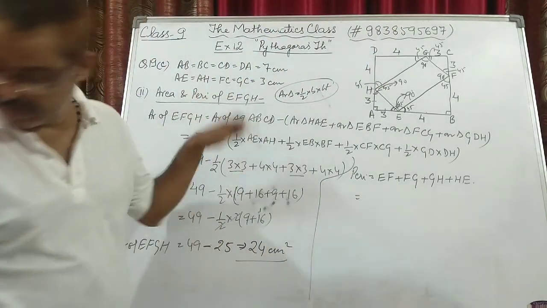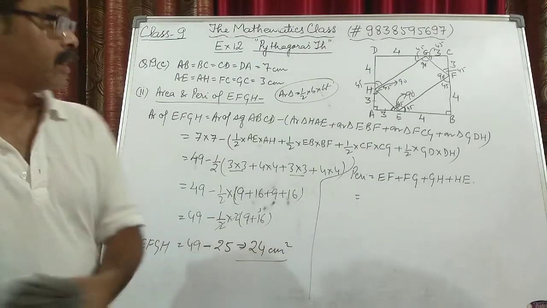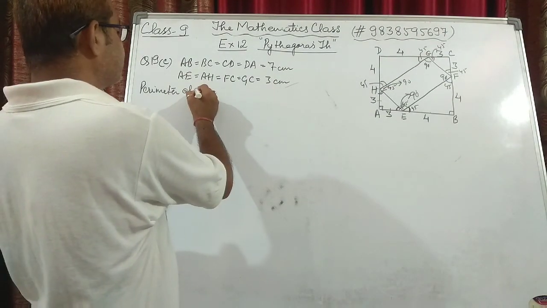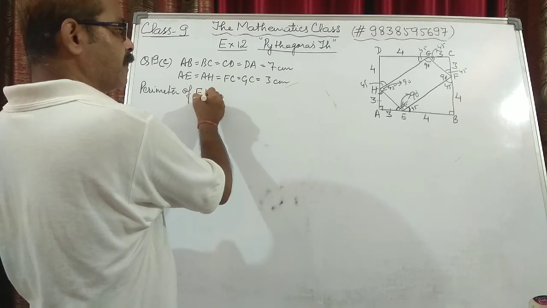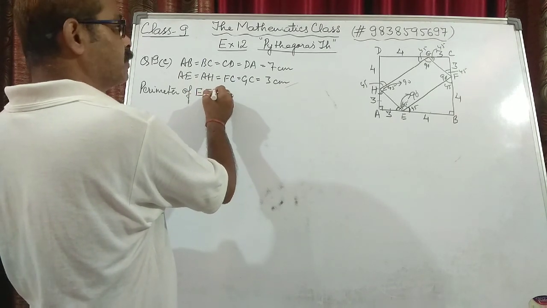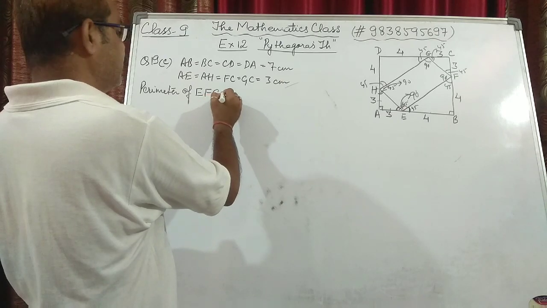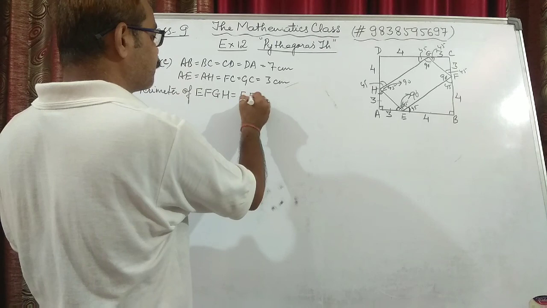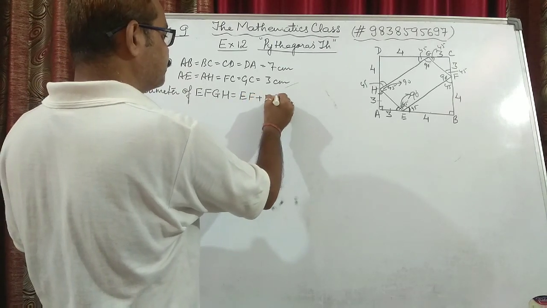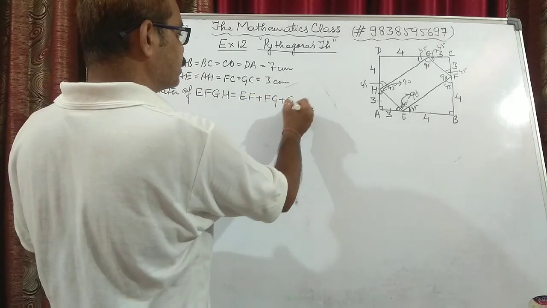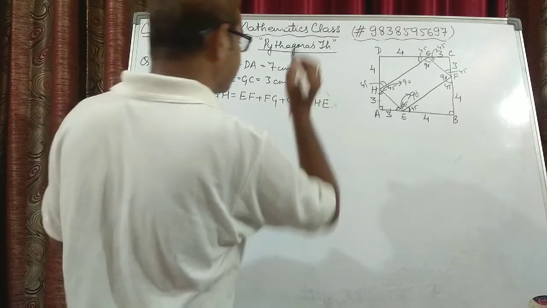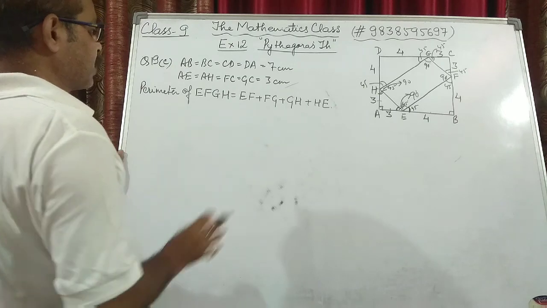So I am just rubbing it out, then again I will come back. Now perimeter of EFGH can be written as EF plus FG plus GH plus HE. Now I will be calculating one side.